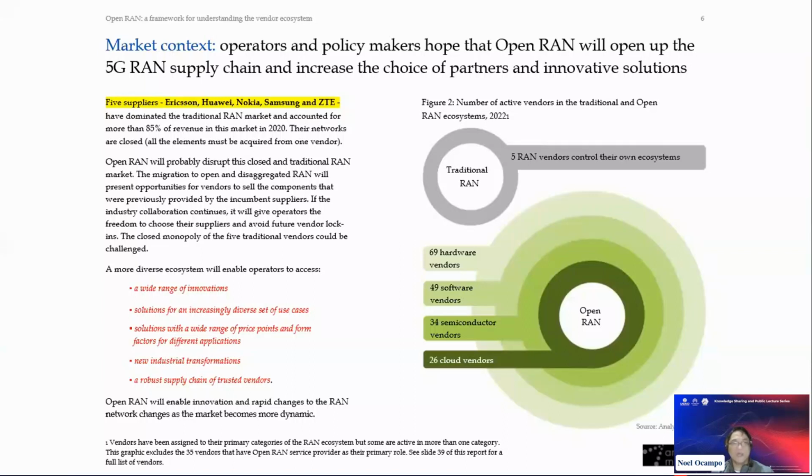That will really change the market landscape from a 5-player vendor market to maybe, in the next 3 or 4 years, more than 300 new vendors or players in the field of mobile communication.